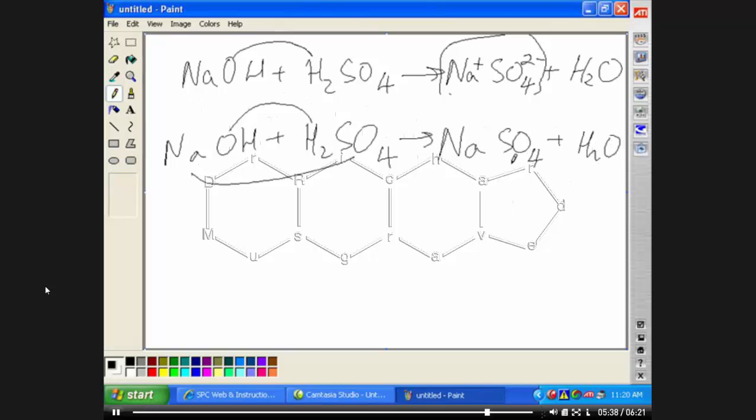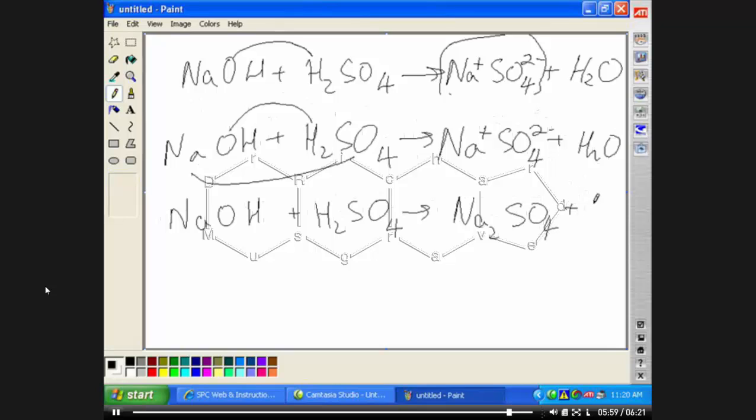Always in these kinds of things it will happen. Put a positive on the sodium, put a 2 minus on the sulfate. It's important here you rewrite the reaction. Show what it would be with the balanced salt, the Na2SO4. Then go ahead and balance the reaction.